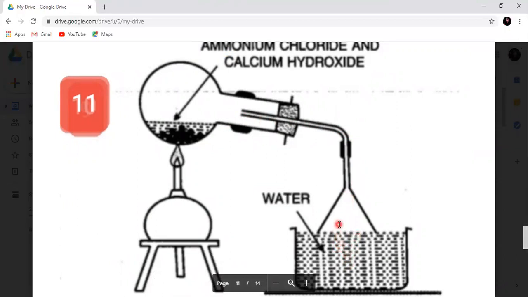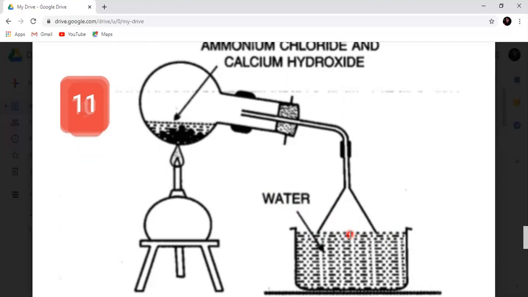But as it dissolves in the water, some changes occur. As the ammonia dissolves at a higher rate than its production from the flask, the pressure above the water level in the funnel, I'm repeating, decreases for a moment.